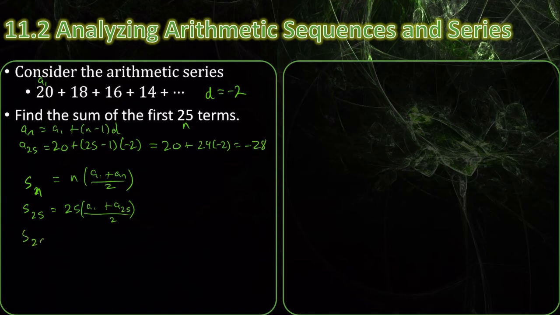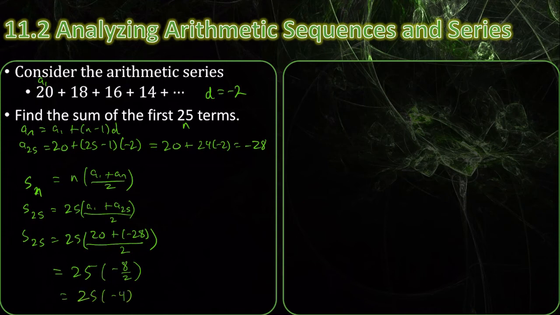So our sum of the first 25 terms is 25, a1 is 20, a25 is negative 28, divided by 2. We can work it out really quick. 20 and negative 28 is negative 8 over 2. That's negative 4. 25 times 4 is 100, and it was negative. So add up all those numbers, get negative 100.